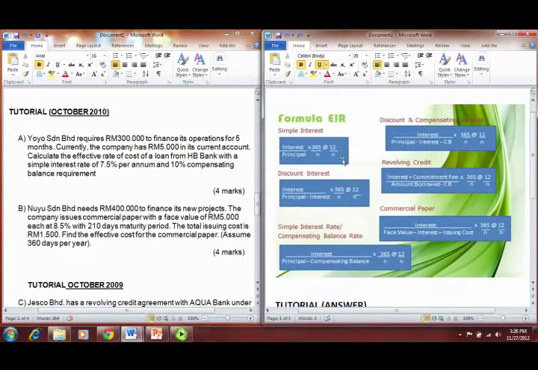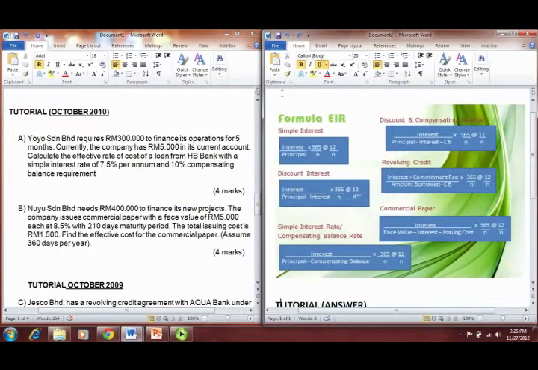So I provide you around 6 formula. First is simple interest, discount interest, simple interest rate and compensating balance, discount and compensating balance, revolving credit and commercial paper. Which formula you need to use is based on the information given in the question.